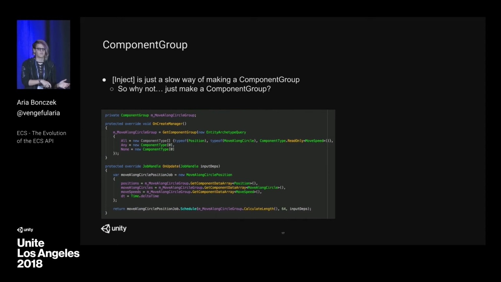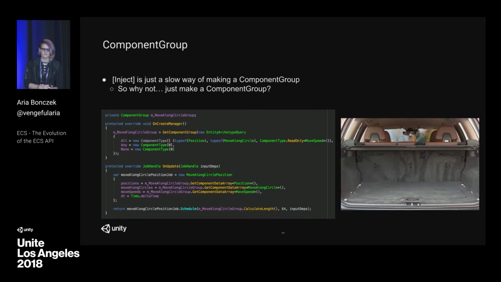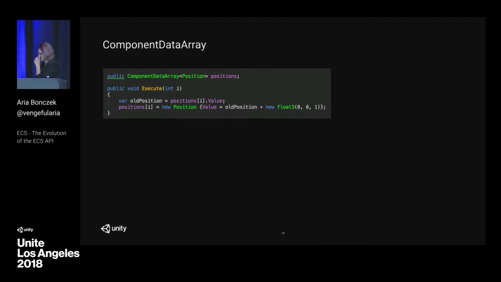So instead of having the inject keyword handle this, why don't we just do it ourselves? Turns out that the code is pretty easy, and there's no clowns in that car. So pretty good deal there. So we've gotten a couple clowns out of the car, but we're removing the layer of abstraction that Inject provides around the data. But we're not done yet.